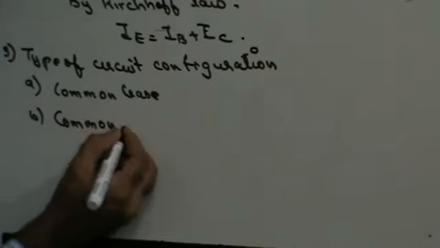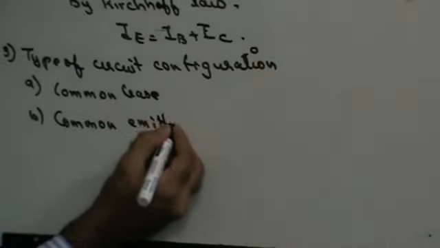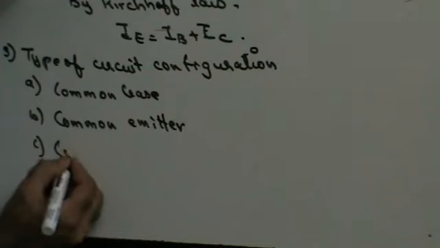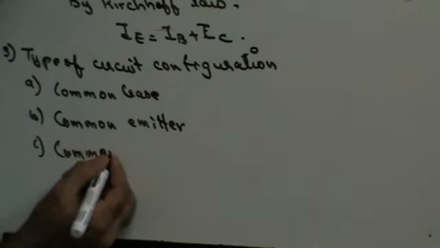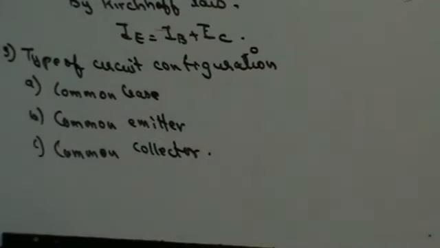Second is common emitter. And third is common collector. So these are the three different types of configuration in which you can connect the transistor circuit.